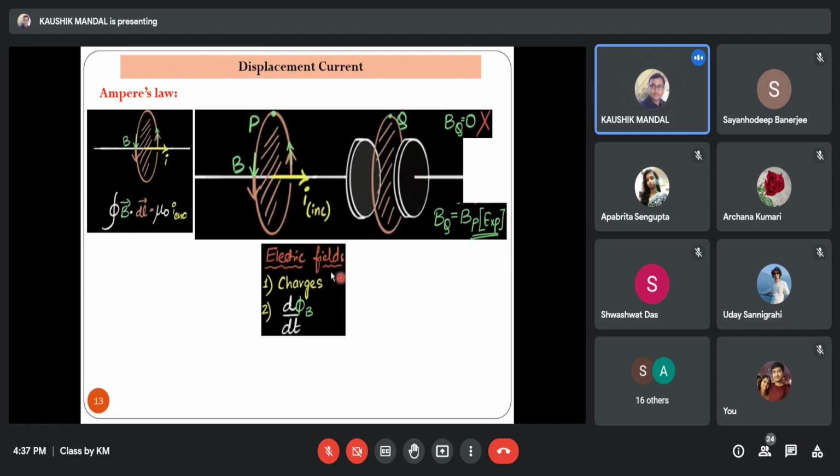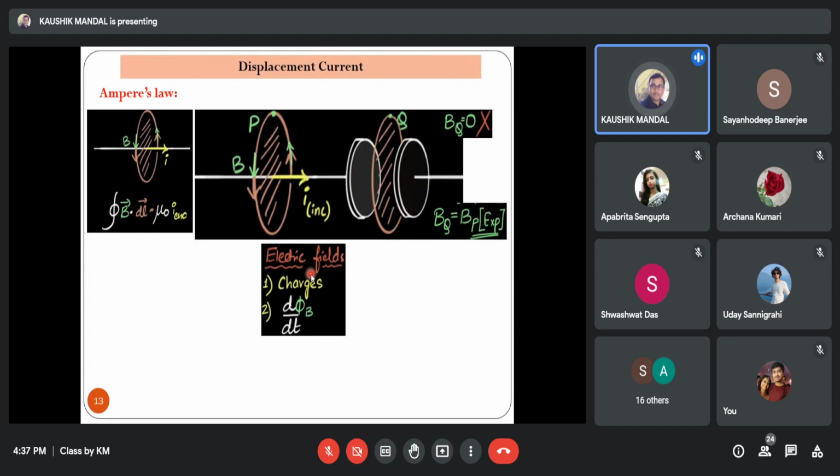We know that is due to charges. Second, it is due to the change in magnetic flux as per Faraday's law. So there will be an electric field if there are charges, and if there is any change in magnetic flux, an electric field will be induced. These are the two main sources of the electric field.